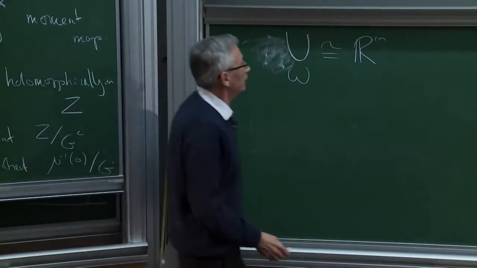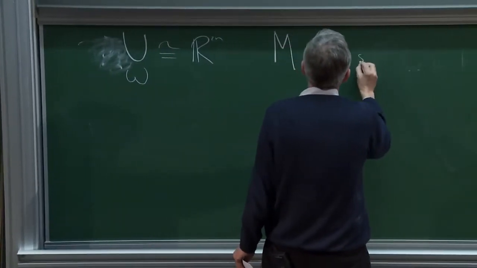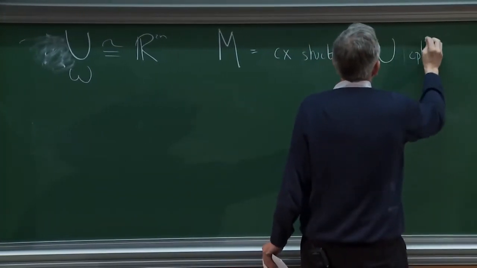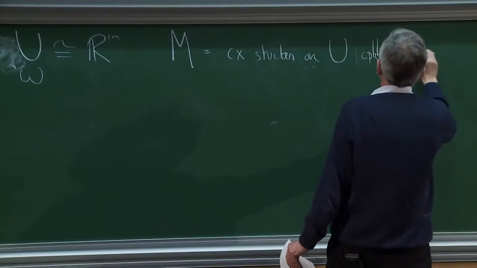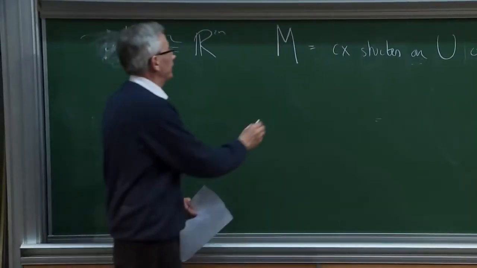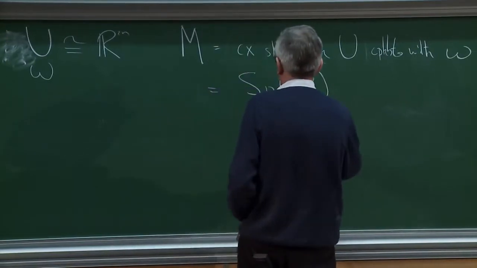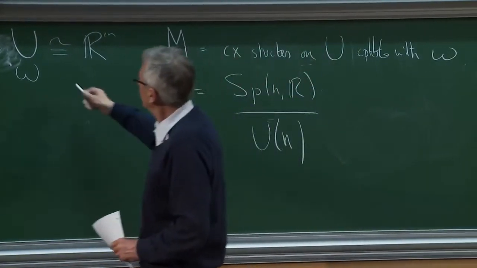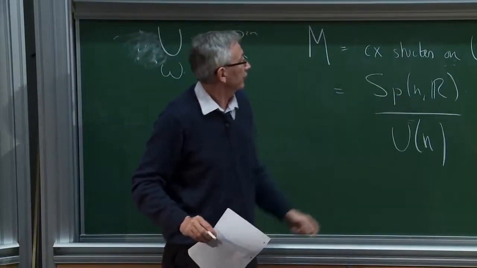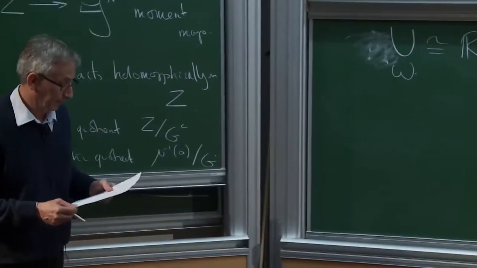Let M be the set of complex structures, in the linear sense, on U compatible with omega. So this is the homogeneous space Sp(n,R) over U(n), because the symplectic group, easy to see, acts transitively on these complex structures, and by definition the unitary group is the stabilizer of the standard one.